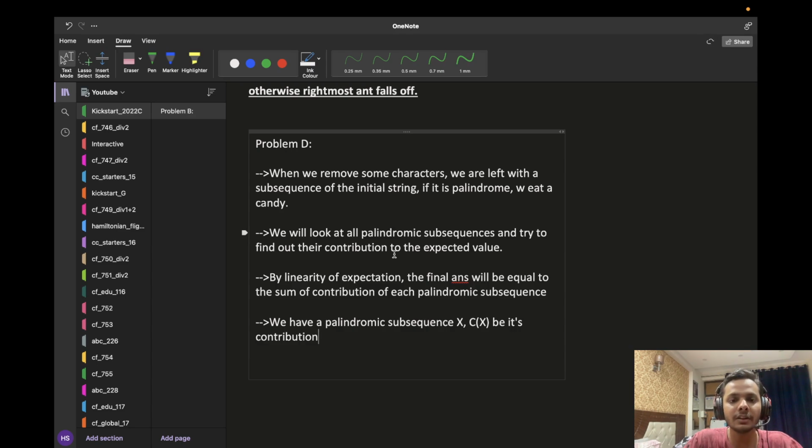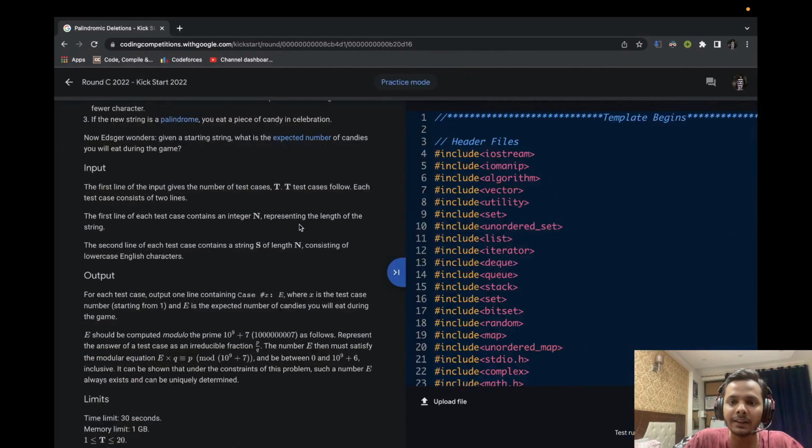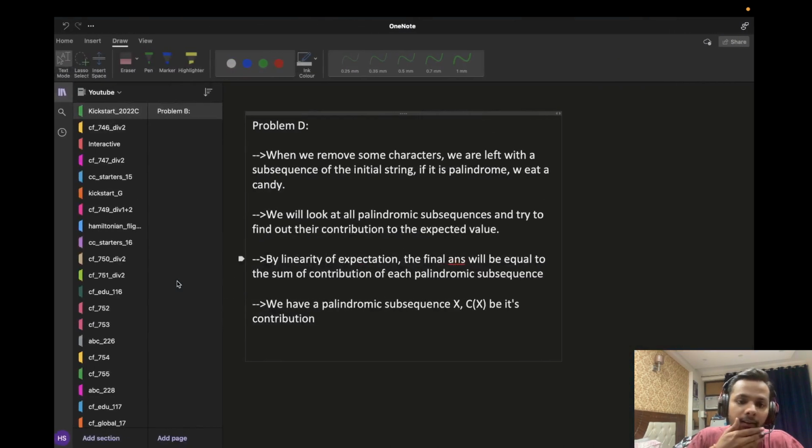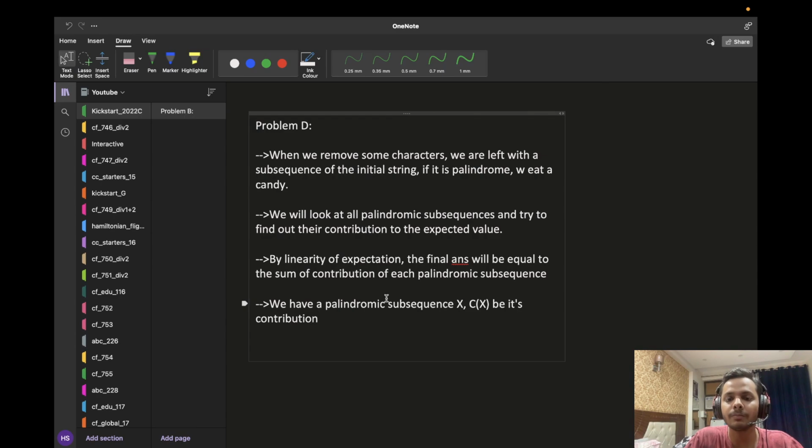The number of subsequences is 2 raised to the power n, and in the worst case, all of them can be palindromic. So we can do that in the first test set, but we can't do that for the second test set, right? So we have to think about something and reduce the time complexity, and that will come if we find an expression c of x, which will be the contribution of each subsequence to the expected value. So let's try to find this out.